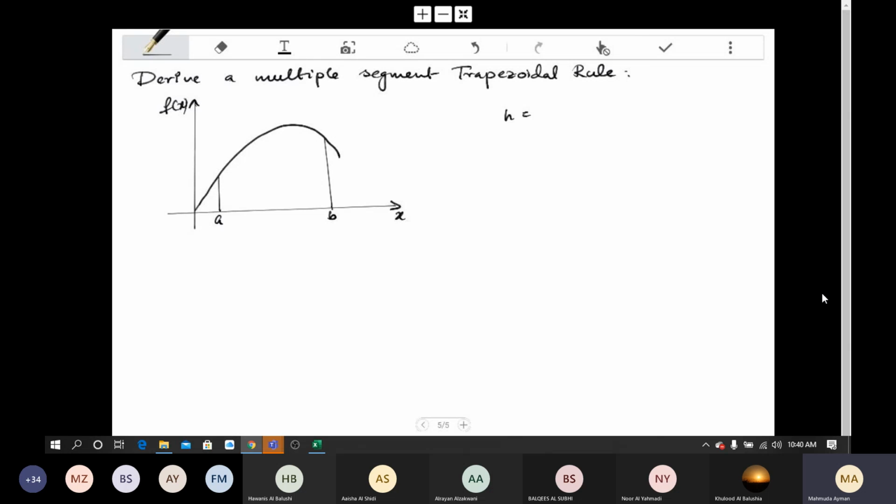So the width is b minus a, and we'll divide it into n equal segments, so we'll divide it by n, right? So this is the width of the segment, and here, this is the number of segments.